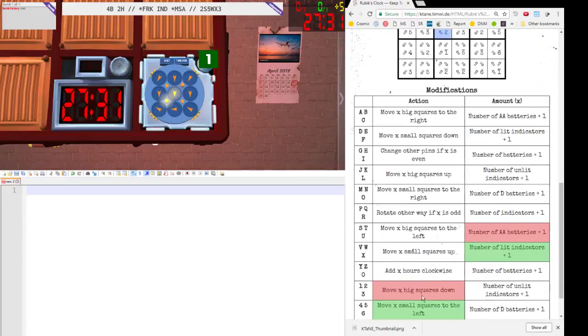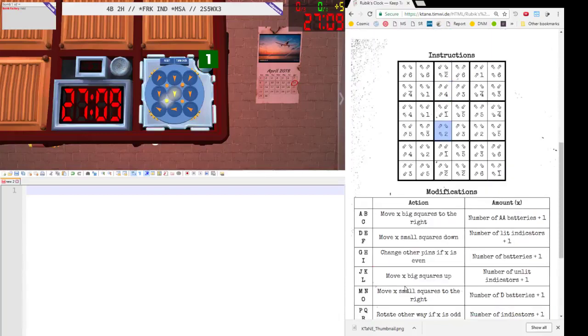Then we do the 2 modifications it wants us to do. It wants us to move big squares down equal to the number of AA batteries plus 1. Well, how many is that? 4 batteries and 2 holders means all the batteries are AA, so we've got 4 AA batteries, so we're doing 5 because we add 1. So we're going to move 5 big squares down.